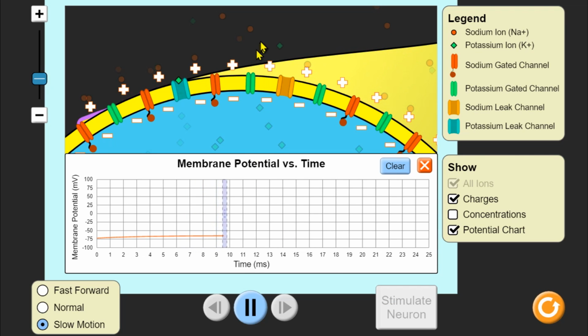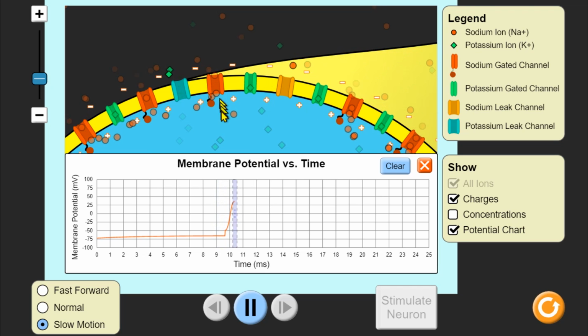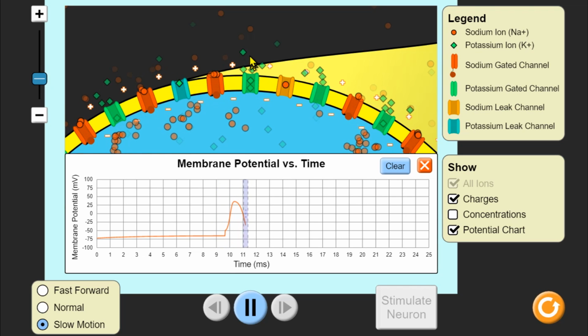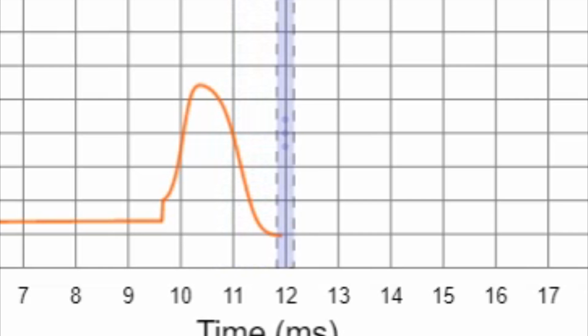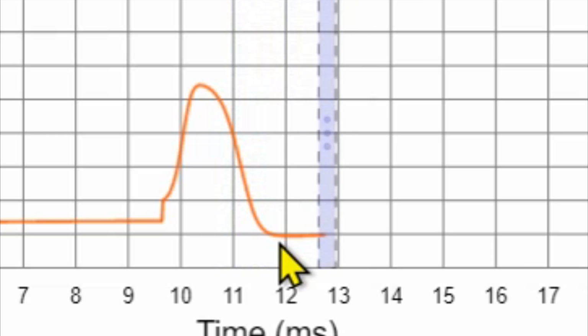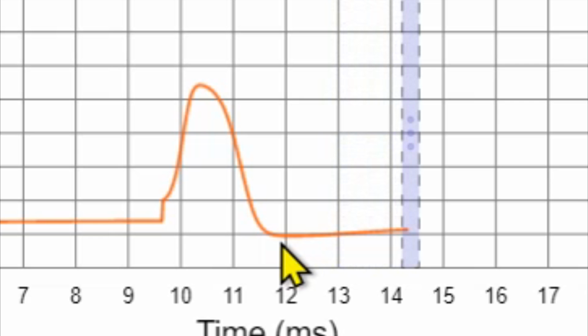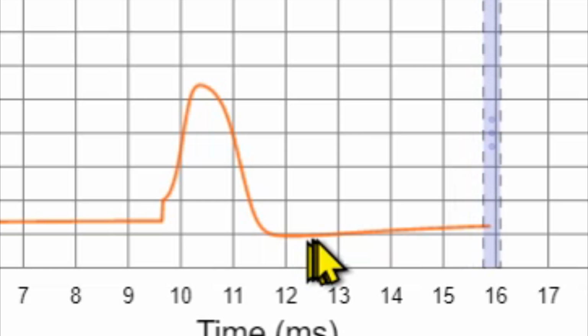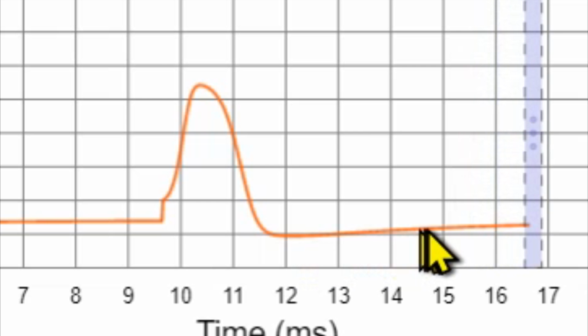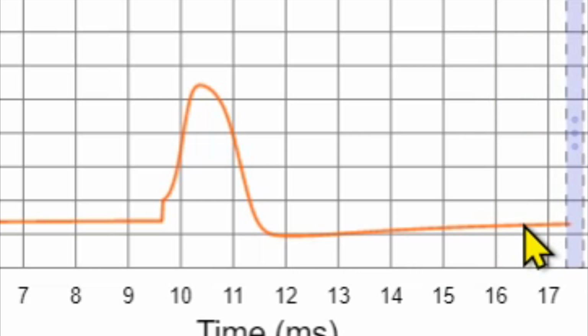Once again, depolarization and repolarization. And you see that it becomes a little more negative than it's supposed to be. This allows a period of time before the next depolarization can occur, because you see in here that it's climbing a little bit as it comes back up to minus 70 millivolts.